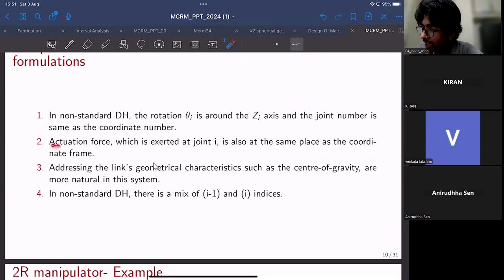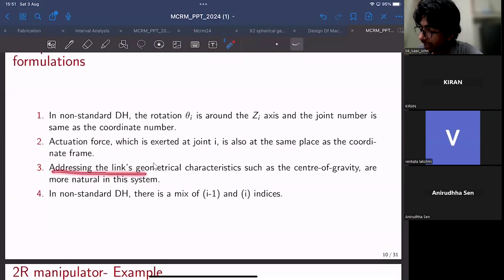This will also place the actuation forces exerted on joint i in the same place as the coordinate frame, which would be beneficial once you derive the dynamic models. We will speak more on that once we derive the dynamic models of the robot manipulator, which is when the forces come into play.